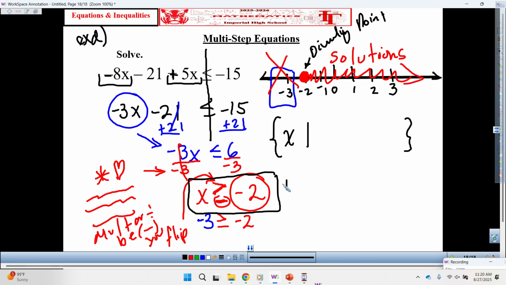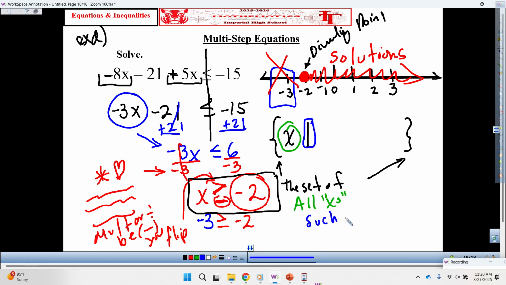It reads, the set of... The set of what? Let me circle the x. All x's. And last but not least, this bar means such that.